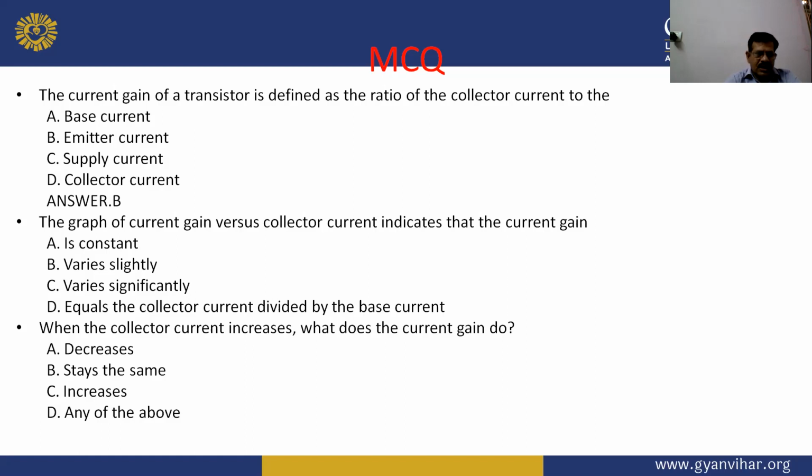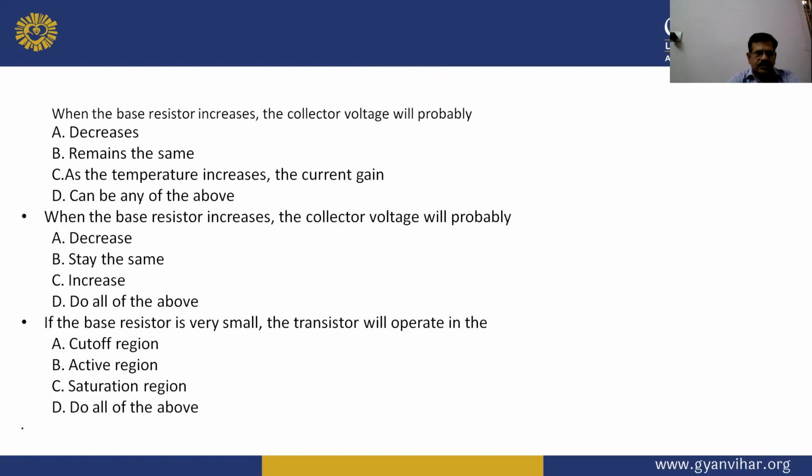Question number three: when the collector current increases, what does the current gain do? Decrease, stay the same, increase, or any of the above. The correct answer here is increase, because the gain is proportional to the collector current. So as the collector current increases, the current gain also increases.